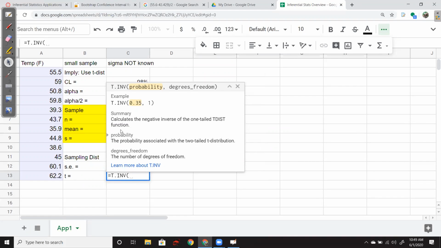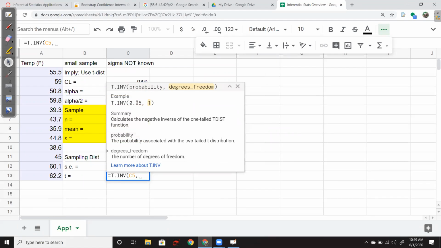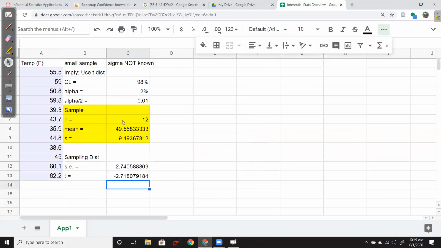So then it says, what's your one-tail probability? That was that alpha over 2 up here. And then it says, what are your degrees of freedom? Degrees of freedom is always 1 less than the sample size. It's always n minus 1. I'll put this in the notes. So I want to go get that sample size and take away 1 from it. And that gives me my t-score, and it always gives me the negative. The t-score is like a z-score, so let's put that in the notes.